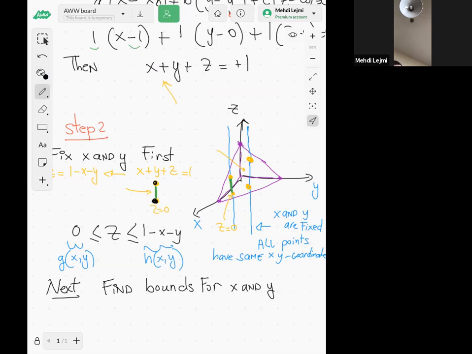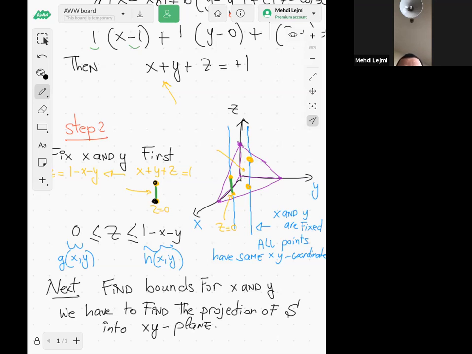So to do that, we have to find the projection of the tetrahedron, the solid S, into the XY plane. And in order to be an elementary solid, this projection should be an elementary region of the XY plane. Now how do we find this projection of S into the XY plane?